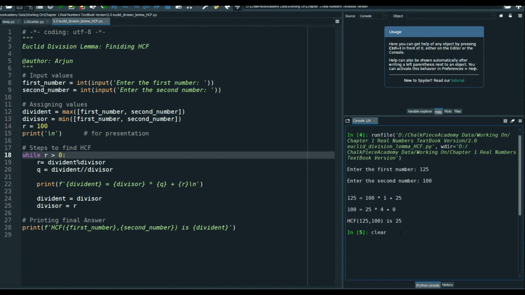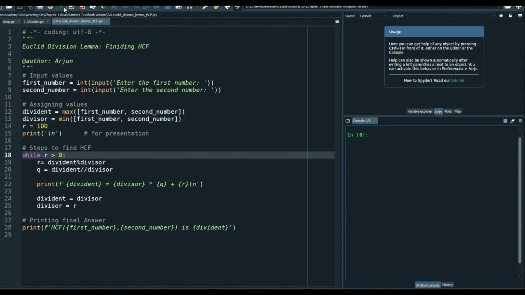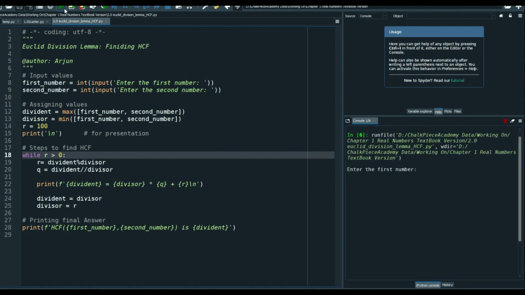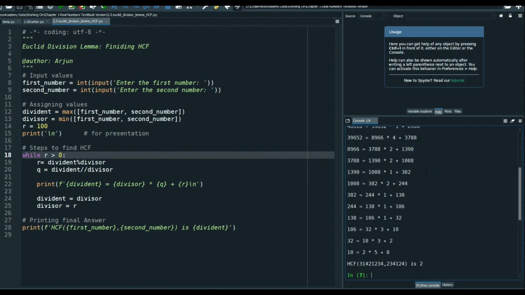We can clear it and try one more question. So the first number I'm thinking of, let's give some big number. That looks like at least it's an even number, right? So yeah, it's divisible by 2.